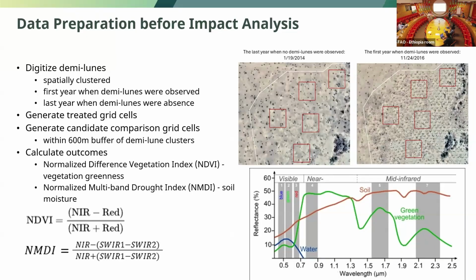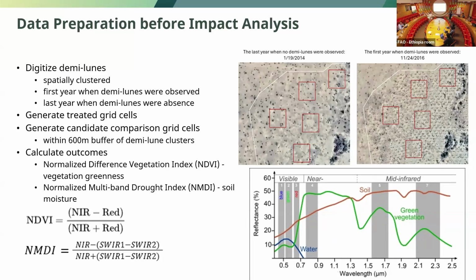One challenge for this project is that we actually don't have the locations of those demi-lunes. So what we did is use high-resolution imagery. We digitized each demi-lunes on those images. The demi-lunes are spatially clustered, and they can be easily identified by their semicircular shape.